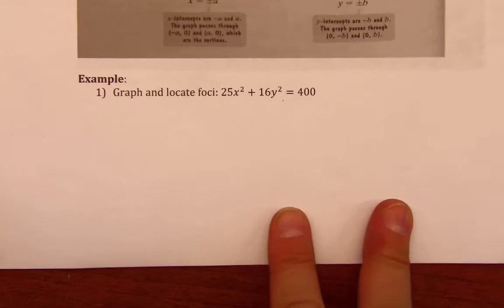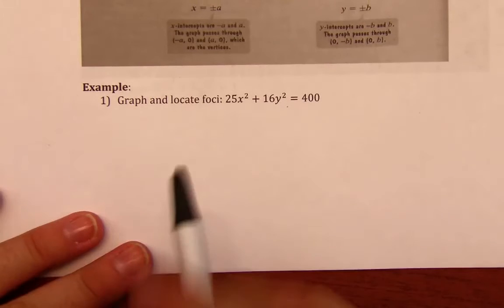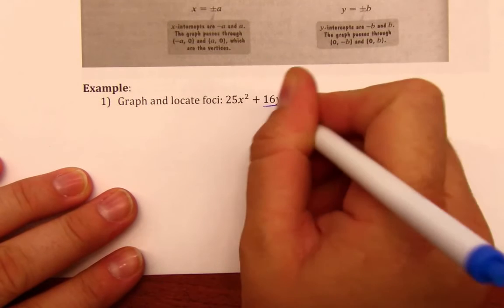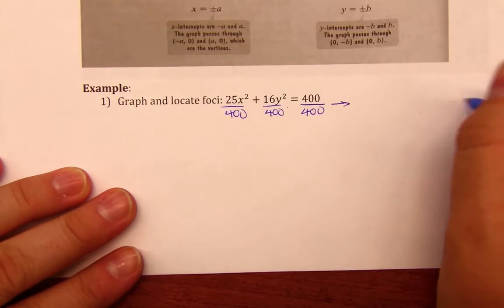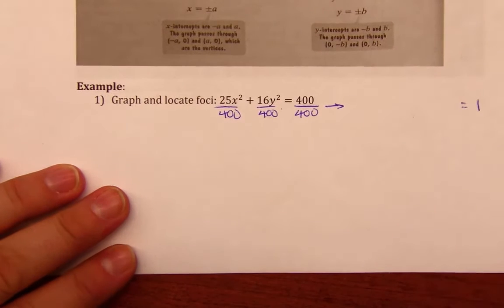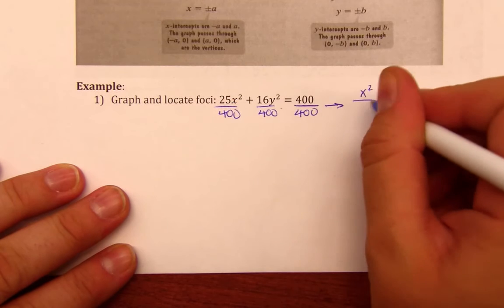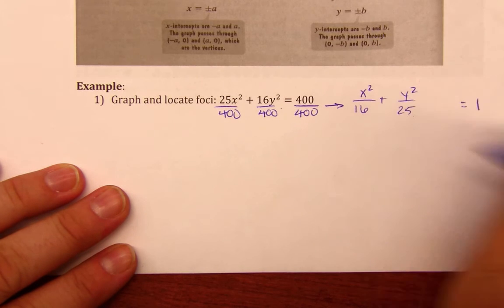So we have this equation right here, and this does not look like the formulas we just saw. We want to divide by 400 everywhere. And now we'll have that equals 1 on the end, and 25 over 400 reduces to x squared over 16 plus y squared over 25.